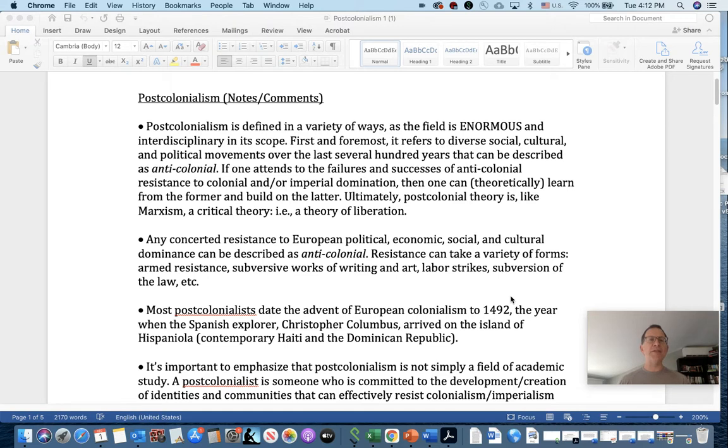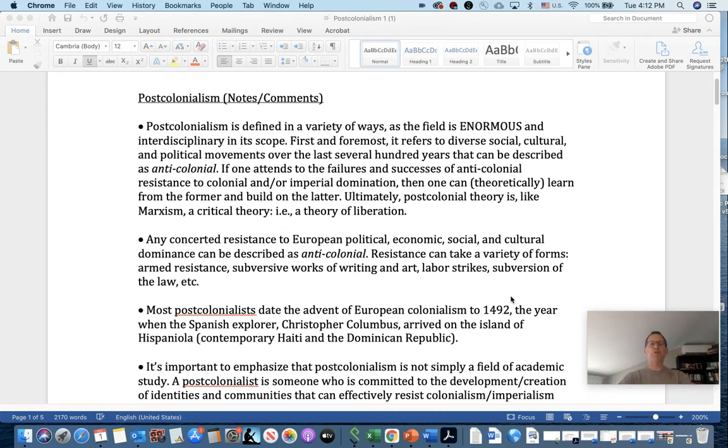If one attends to the failures and successes of anti-colonial resistance to colonial and or imperial domination, then one can theoretically learn from the former and build on the latter. Ultimately, postcolonial theory is, like Marxism, a critical theory, which is to say a theory of liberation.